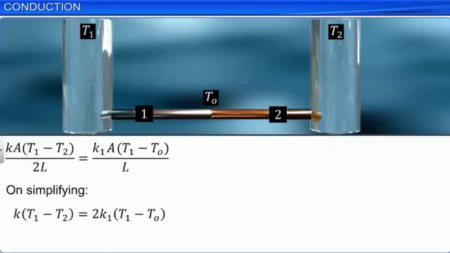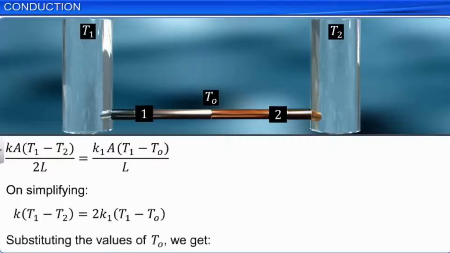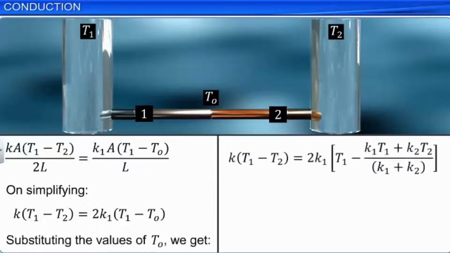Substituting the value of T0, we get K(T1 - T2) = 2K1(T1 - (K1T1 + K2T2)/(K1 + K2)).